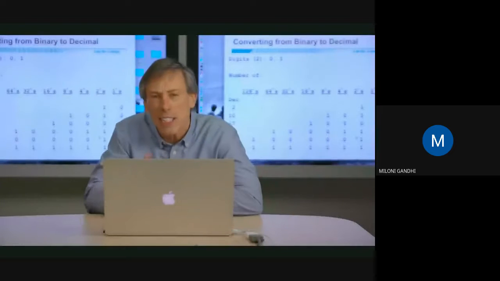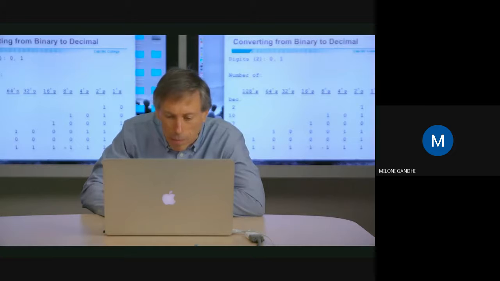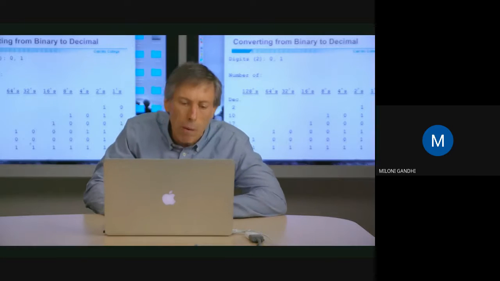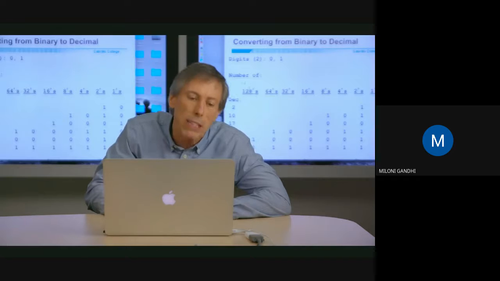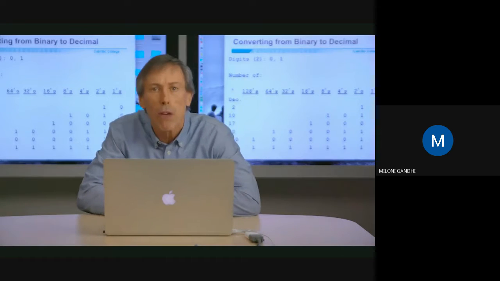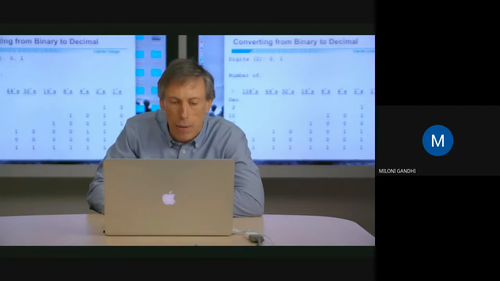255. And there's actually an easy way to figure that out when we have all 1s in this column. What would be the next value after 128, the next column? Well, that would be 256. So 256 would be 1 in the 256 column, and then all zeros.